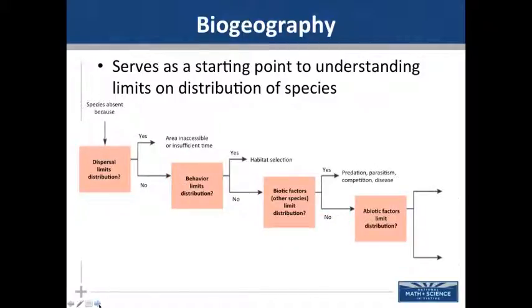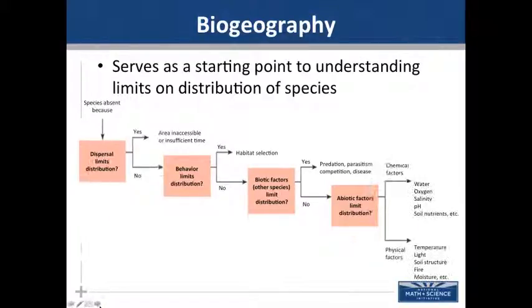These include chemical factors like not enough nutrients, not enough water, anything like that. So when we look at biogeography, we go through these steps to look at chemical and physical factors to see how they would impact.